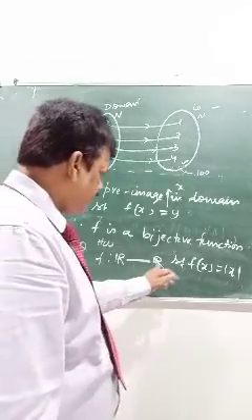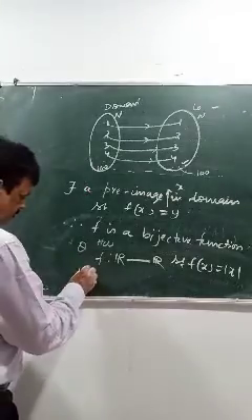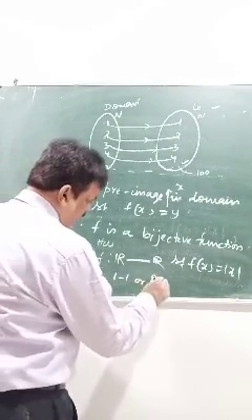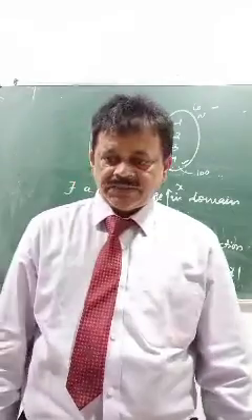I have taken real number to real number. Then you have to justify, is f 1-1 or onto? This is the task for you.